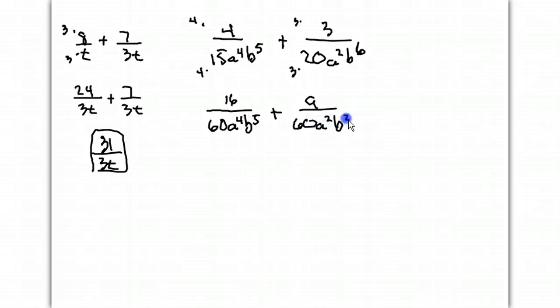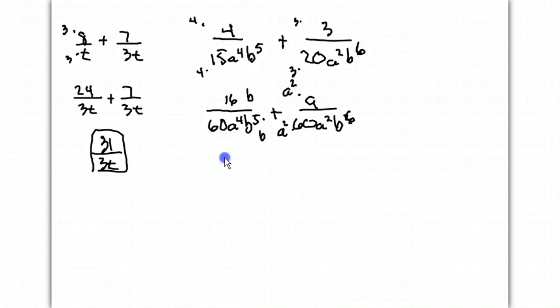So when you're looking at it, this has an a^4, this has an a^2, so a^4 is the common one. You want both to be a^4. That means you have to multiply this one by a squared, top and bottom, just to get an a^4 there. You're trying to get the denominators to be the same. This one has a b^6, this one has the lesser b, so you can multiply this one by b, top and bottom, to get b^6.